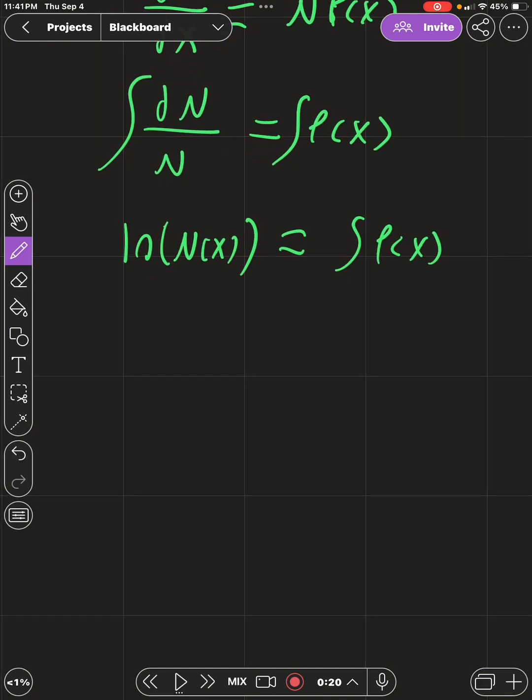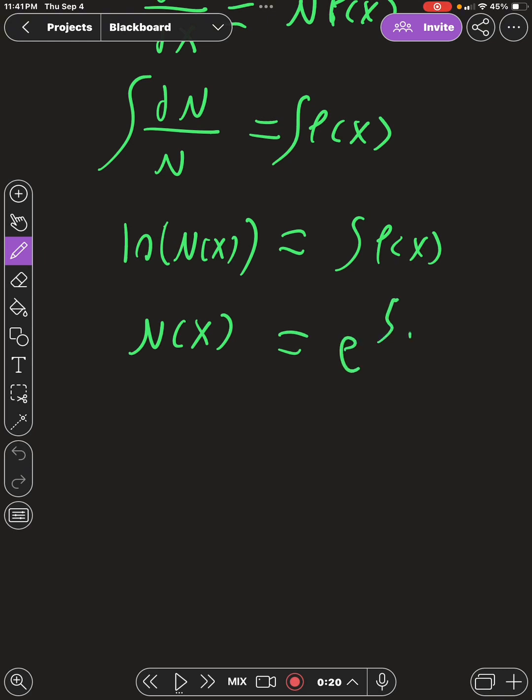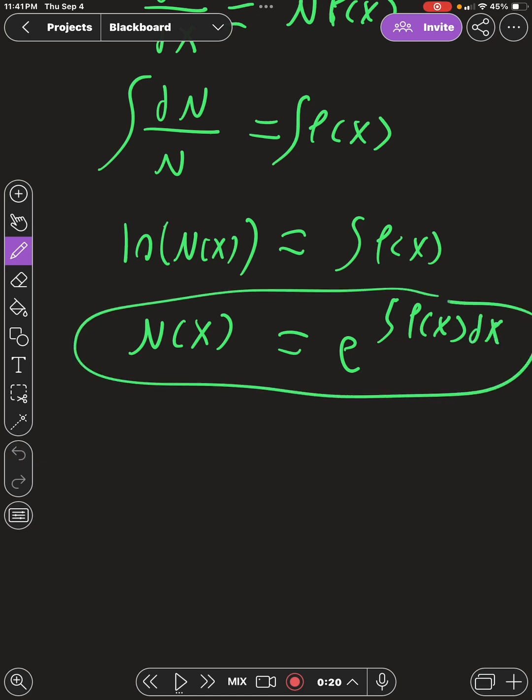In order to get rid of this ln on the left side, so we're just left with mu of x, we're going to exponentiate both sides. We're going to take e and raise it to each side. So we're going to get mu of x is equal to e to the integral of p of x dx. So that's exactly what we wanted. That's how we solve for the integrating factor.